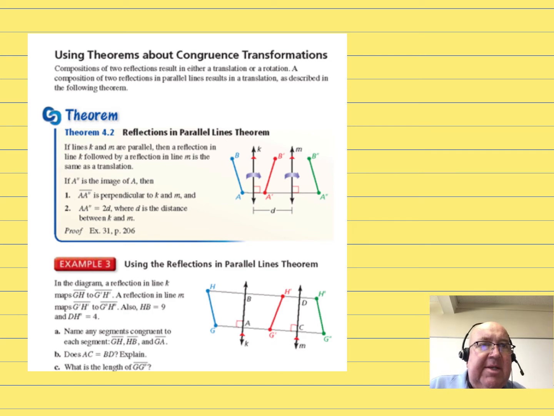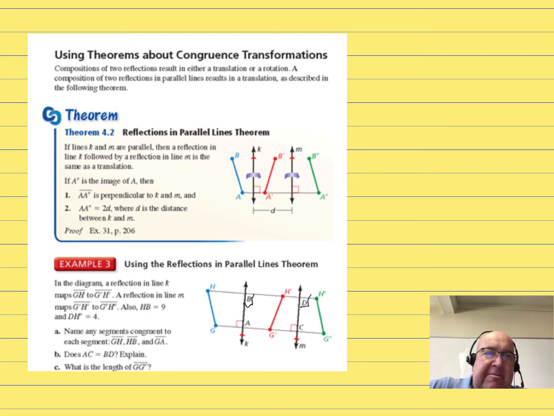We're looking at reflecting across two perpendicular lines that are parallel. They're parallel to each other, so we know that M and K are parallel. We know that the lines G and G prime prime form right angles with the parallel lines. From that, we could also tell that the other line, H prime, forms right angles as well.